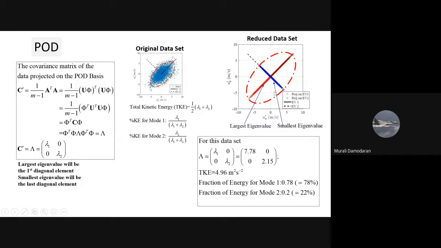Mode 1 contains about 78% of the total kinetic energy, and the remaining 22%. So effectively, I can even forget about the blue data. All I need is this entire set of data represented along this measure, because it gives you close to 80% of the energy, and then I proceed with the reduced data set. Instead of all these things, I only deal with the lines.